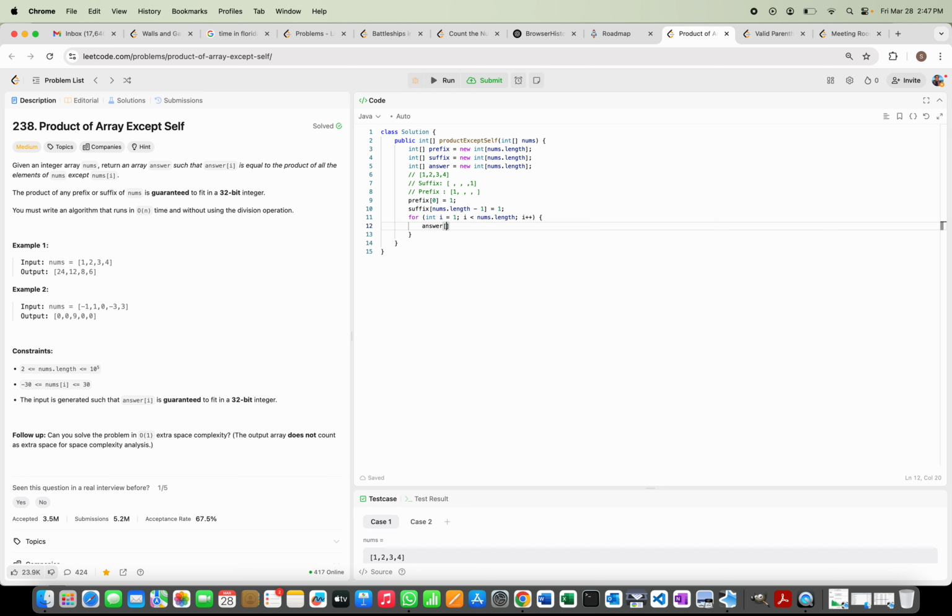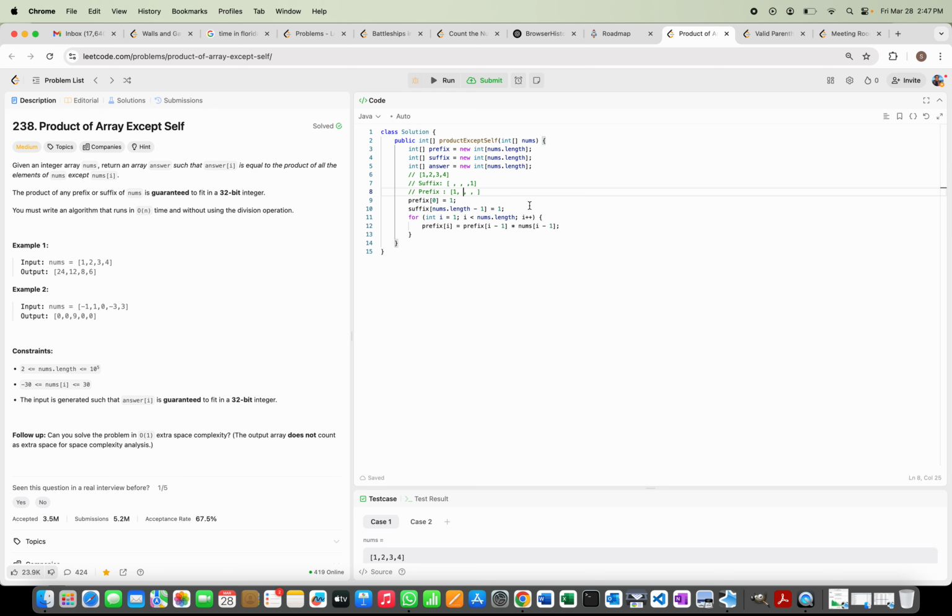Answer i equals, oh no, I'm sorry. Prefix i equals prefix i minus 1 times nums i minus 1. So this times this is what's going to be here.